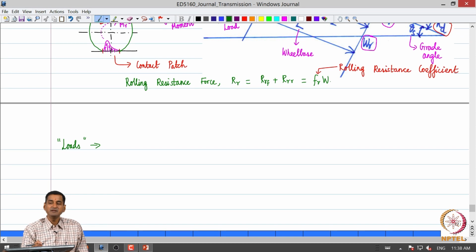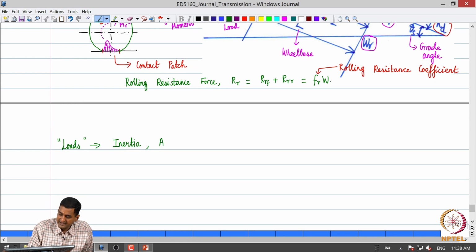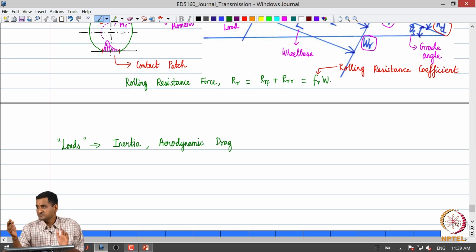What people mean by load on the vehicle are the resistive forces that the powertrain needs to overcome, right. So the loads or the resistive forces are inertia, because when we are accelerating, the inertial term becomes important, M times A, right. Then aerodynamic drag. Aerodynamic drag becomes very important, particularly when we are cruising at mid and high range speeds, okay.